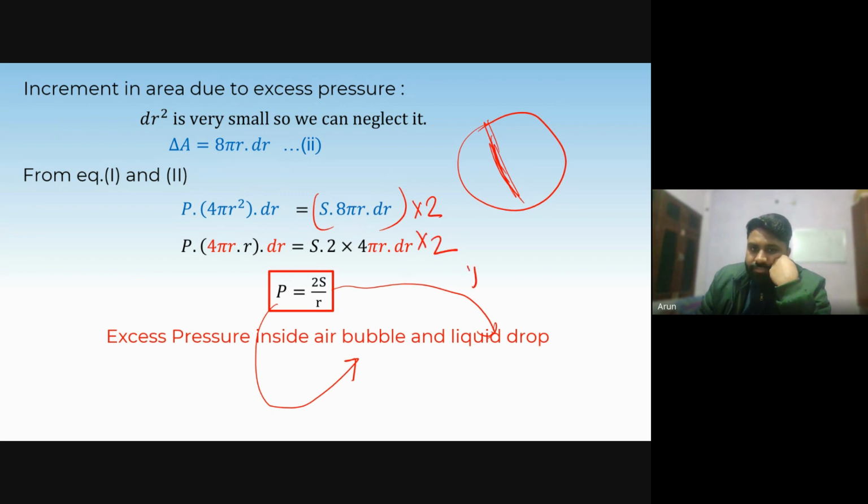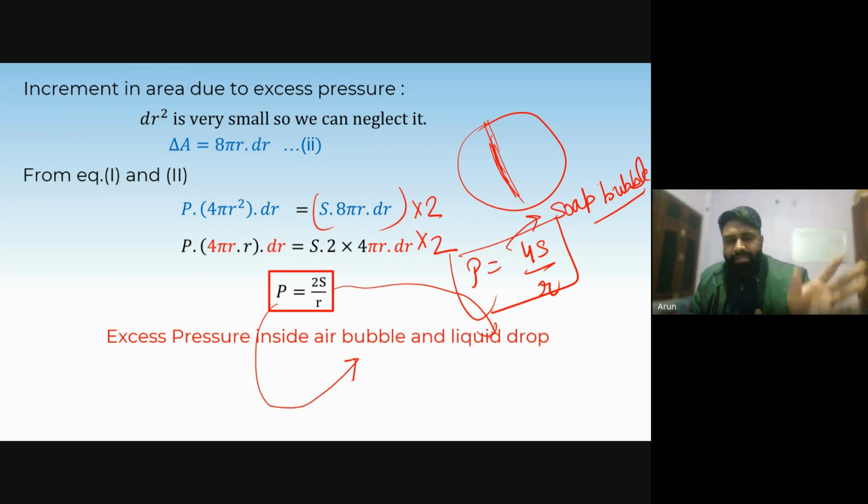So this expression will become 4S upon r. This is for the soap bubble. You do not need to look at the expression again. All the things are the same, you just have to multiply with 2. And why multiply with 2? Because it has two surfaces of interaction, one between liquid and outside air, and one between inside air and liquid.